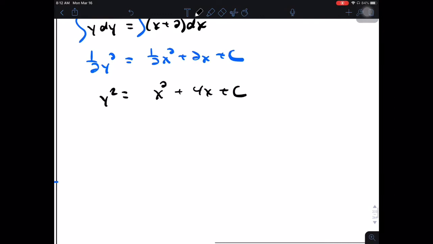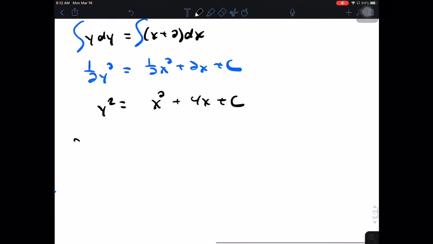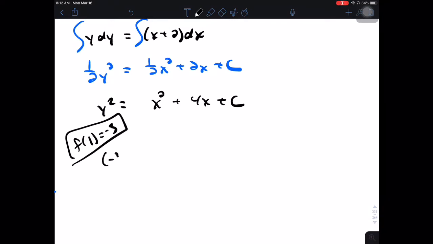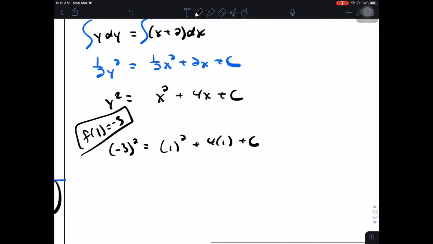If we then try to find the particular solution using the ordered pair that we were given, f of positive 1 equals -3. Put a -3 in for y, put a 1 in for x, and we're going to get 9 equals 1 plus 4. So this is a 5, subtract 5 from both sides, we're going to get c is 4.